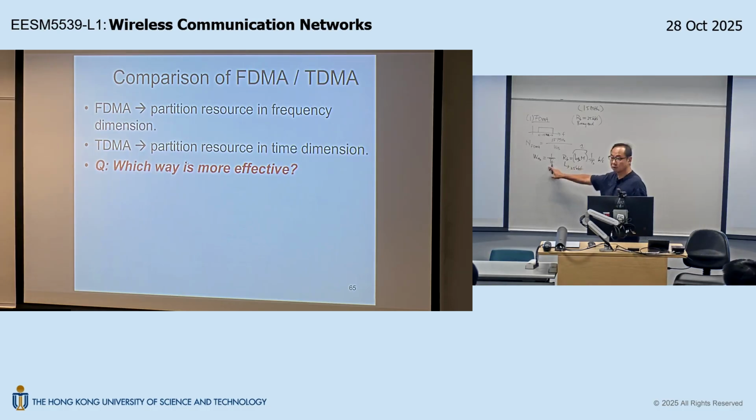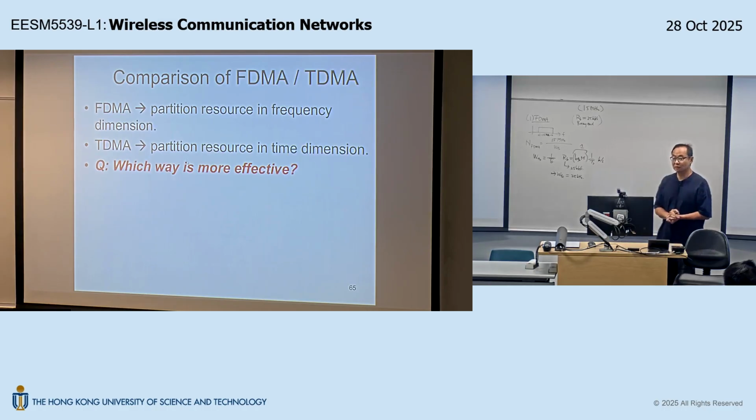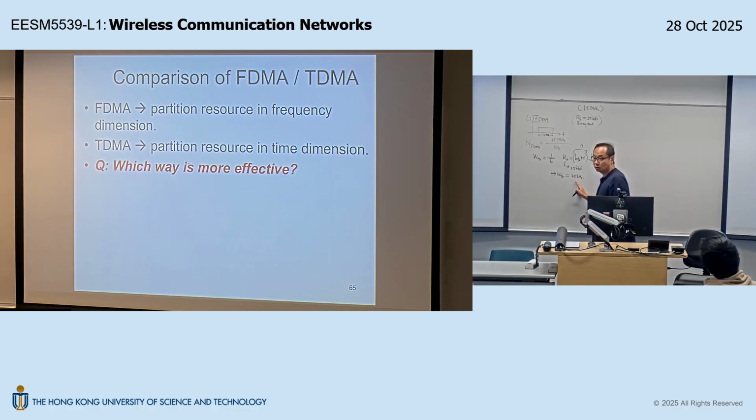So from this, we know the bandwidth per user needs to be 25 kilohertz as well. Is that okay? With binary modulation, bit rate equals bandwidth. So now each user, each channel, each frequency slot requires a bandwidth of 25 kilohertz.